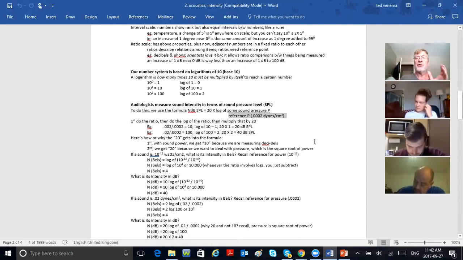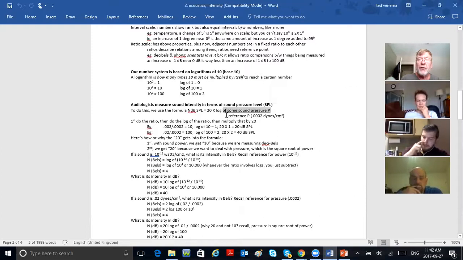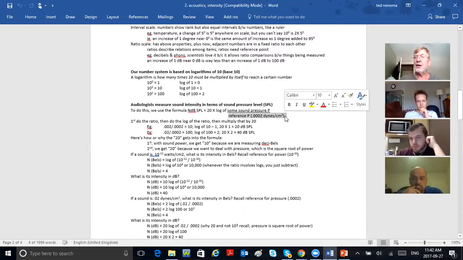If you're trying to figure out what decibel is represented by some sound pressure, you have to put that pressure over the ground pressure, because remember, the dB is based on ratio scale.